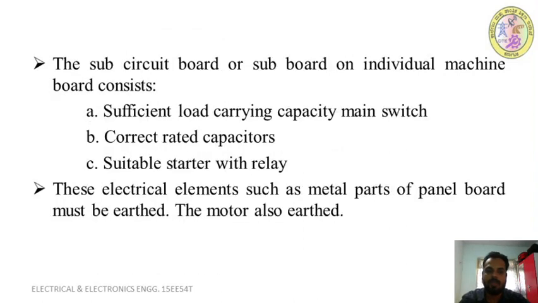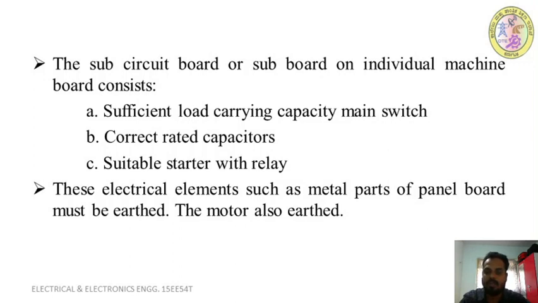Next, the sub-circuit board, or you can call it the individual machine board, consists of the following equipment: a main switch of sufficient load carrying capacity, which may be an ICTP or ICDP switch; correctly rated power capacitors, used for the correction of power factor or to improve the power factor; and a suitable starter with a suitable relay range current, which is required for motor starting.